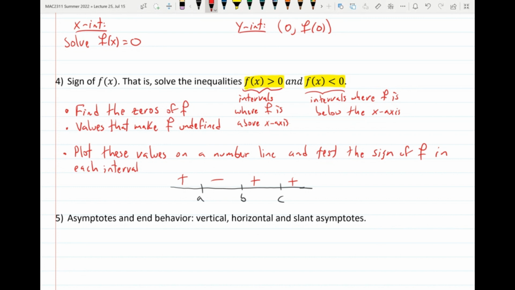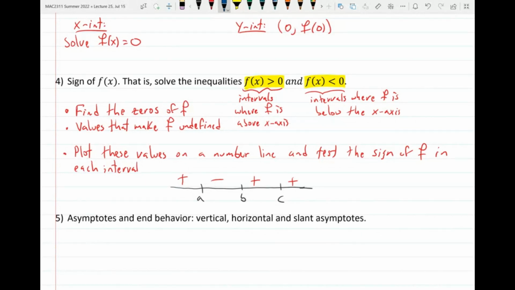Typically step number 4 will look like this, where A, B, and C could be more or could be less, it really depends. But those numbers, A, B, C, etc., you already know them from the previous steps. So in this step, you just need to draw a little line and test the function for its sign to see if it's positive or negative.